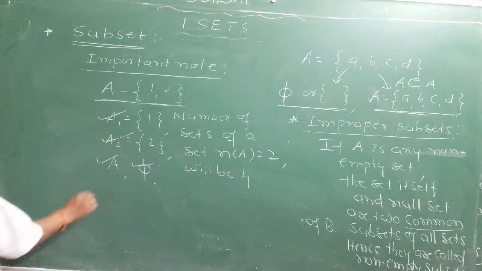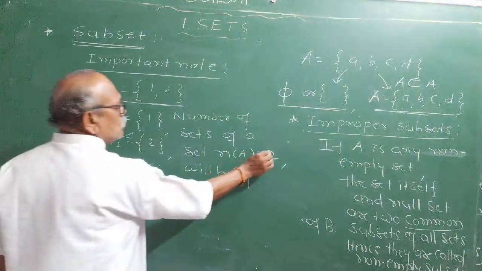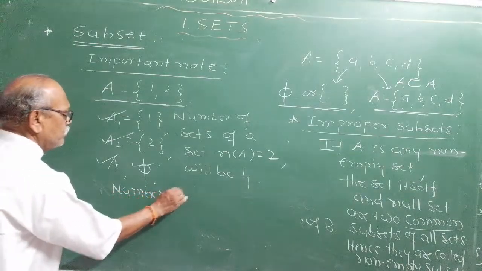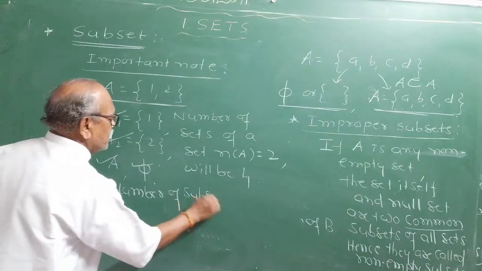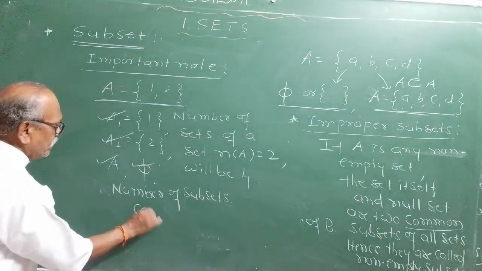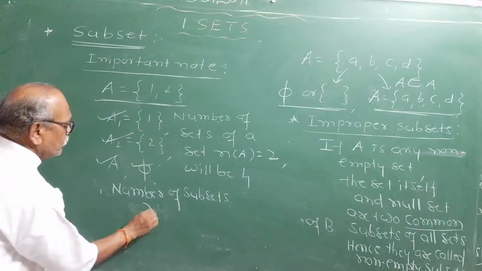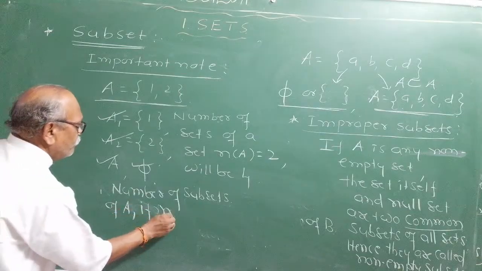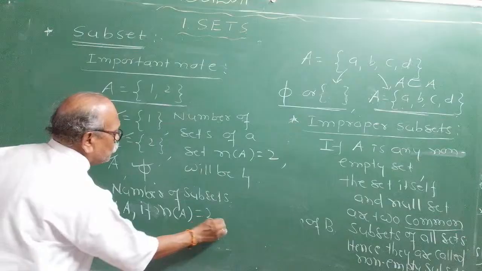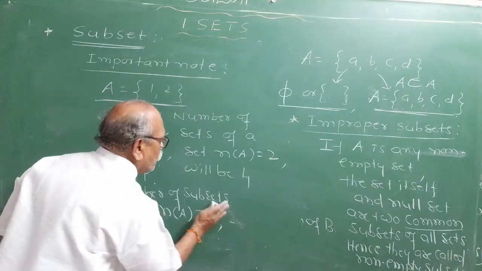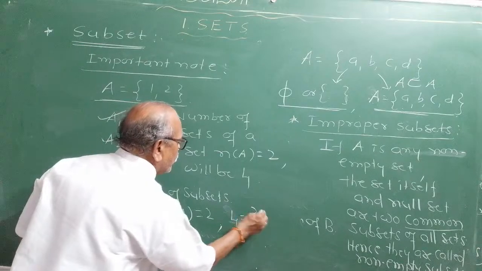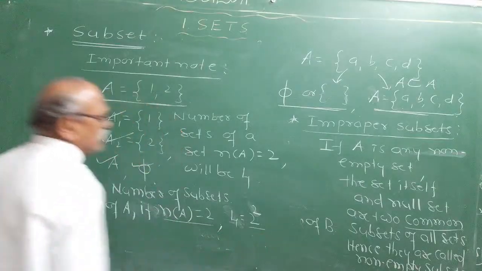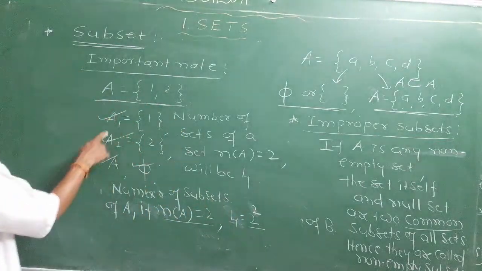Number of subsets means subsets of A. If the number of elements in the set, the cardinal number, is 2, then it is given by 4. 4 can be written as 2 square. If the number of elements of the set are 2, then you can get it as 2 square. 2 square means 4. 1, 2, 3, 4.